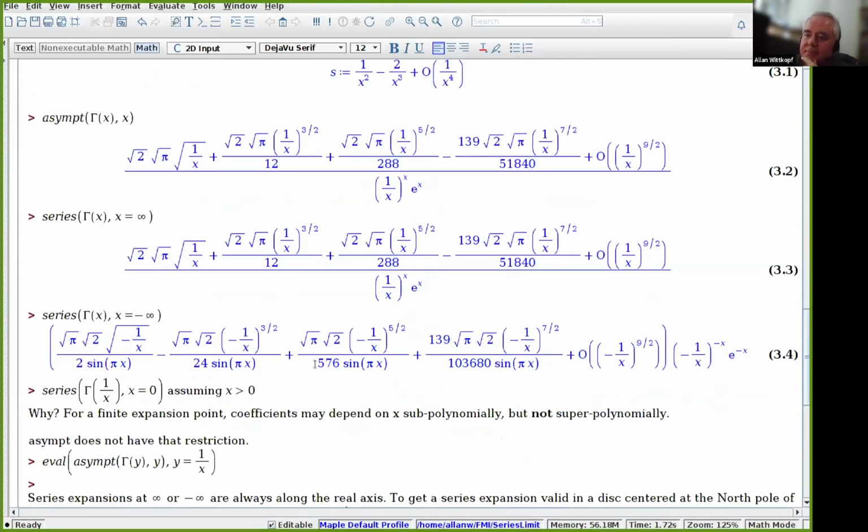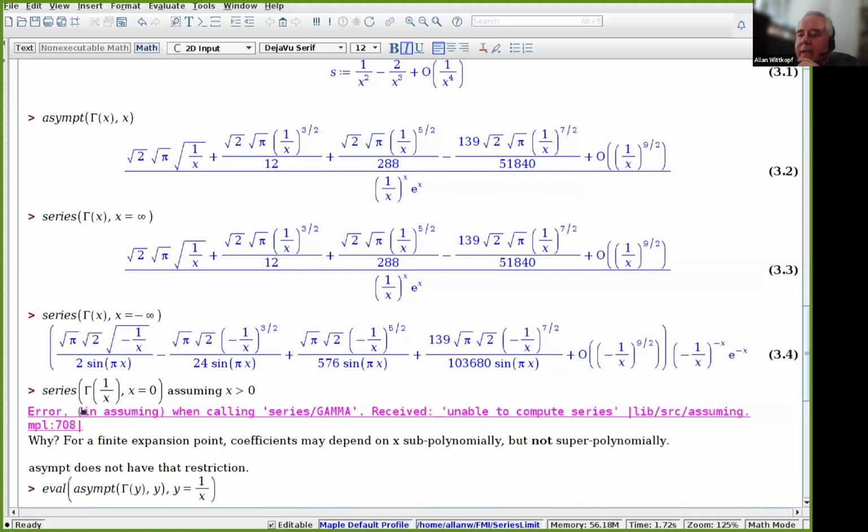Now, a gotcha. We're going to ask for the series of gamma of 1 over x at x equals 0, under the assumption that x is positive, and it says here, when calling series gamma, unable to compute series. Why? Series has the restriction that for a finite expansion point, coefficients can only depend subpolynomially on the variable that you're expanding with respect to.